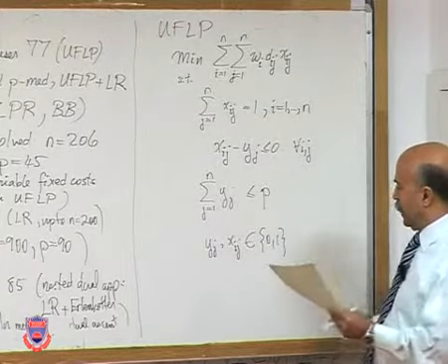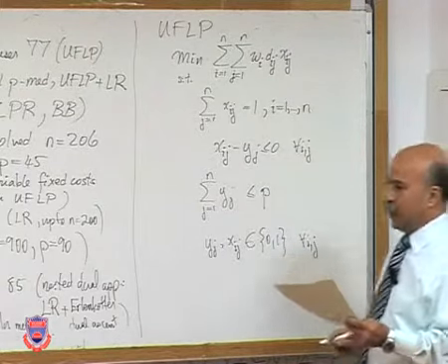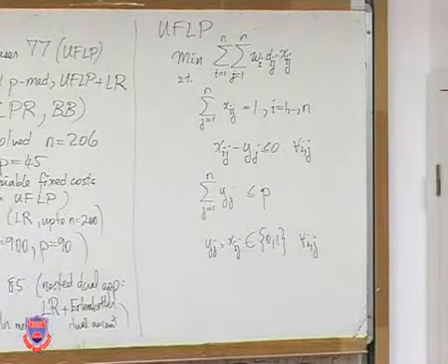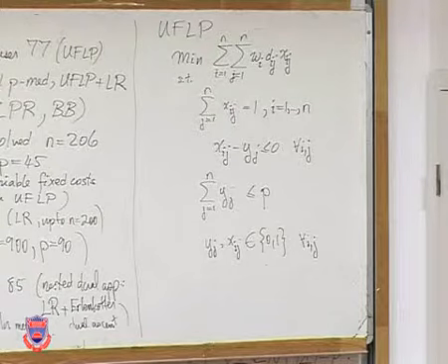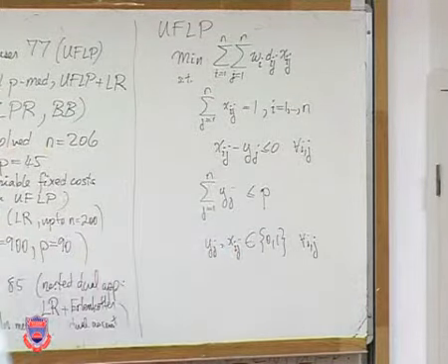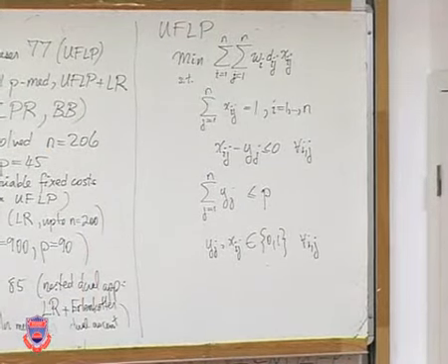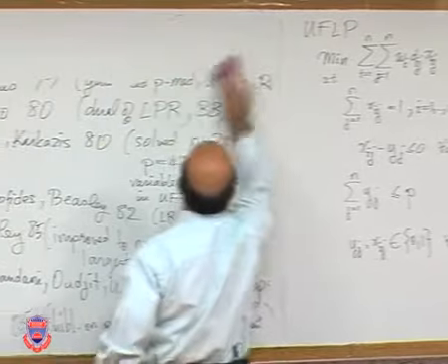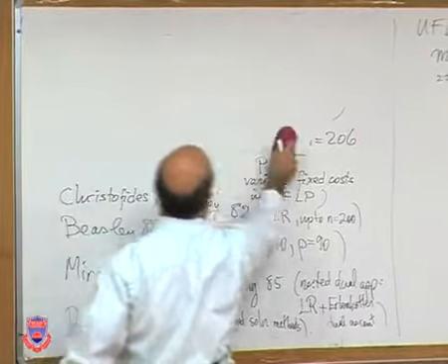Okay, so now what do you do with the uncapacitated facility location problem? All you do is the following. In the uncapacitated facility location problem, let me do it here. That's not the uncapacitated facility location problem.